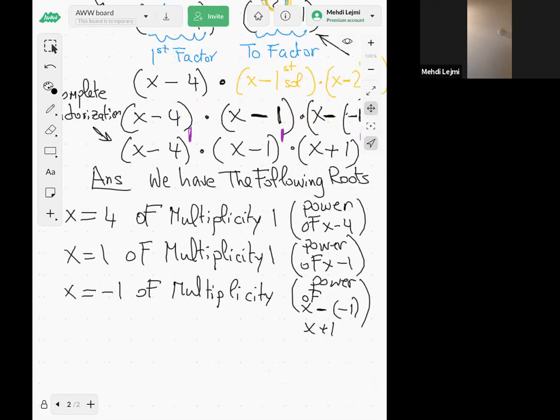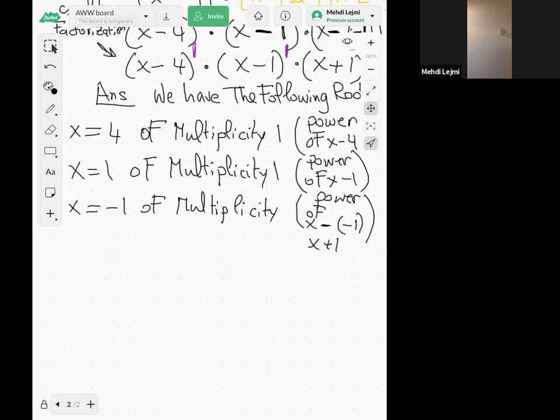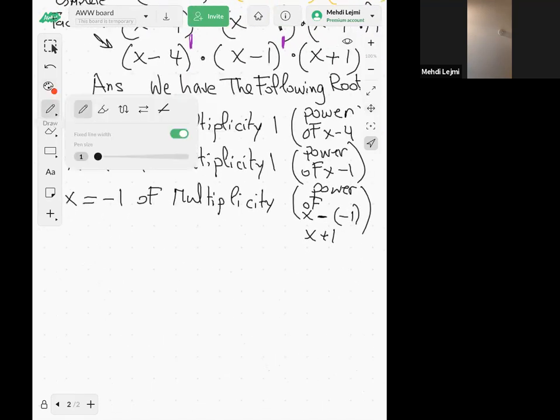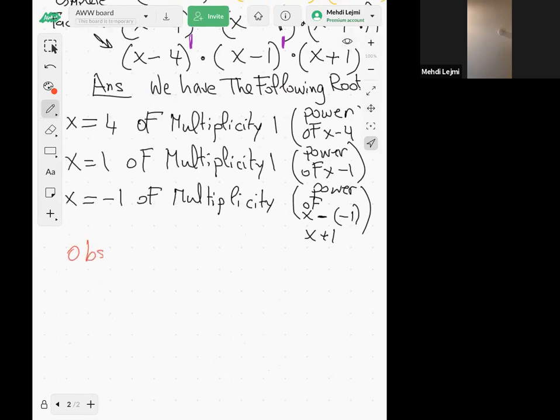So we have the following observation. That would help with the graphing of polynomials.